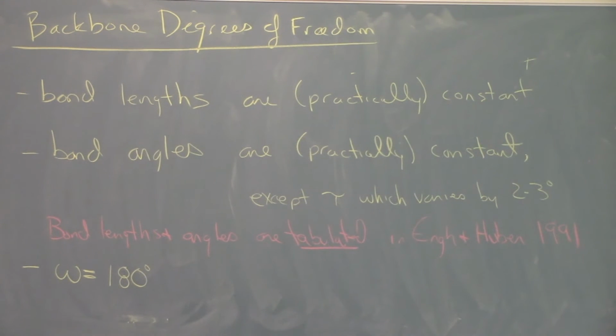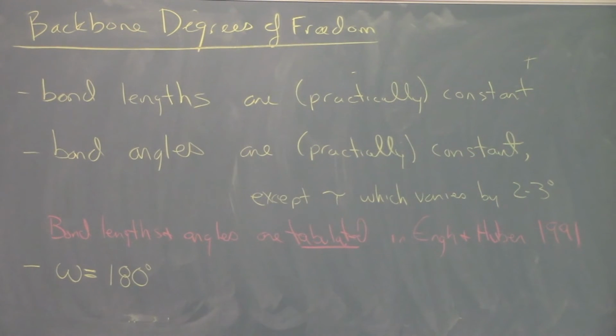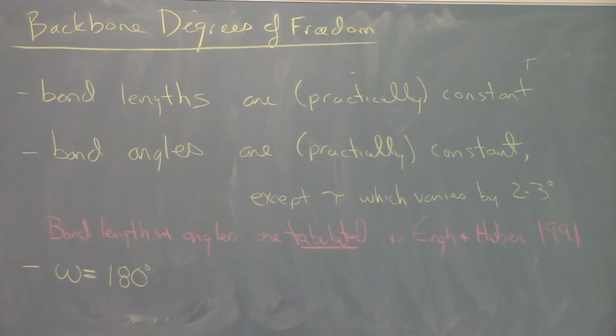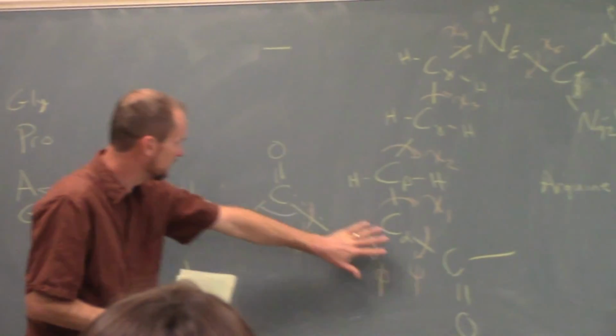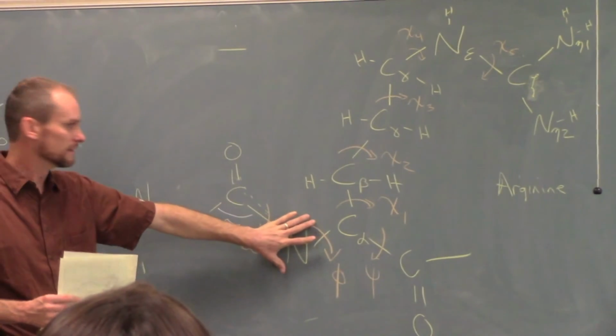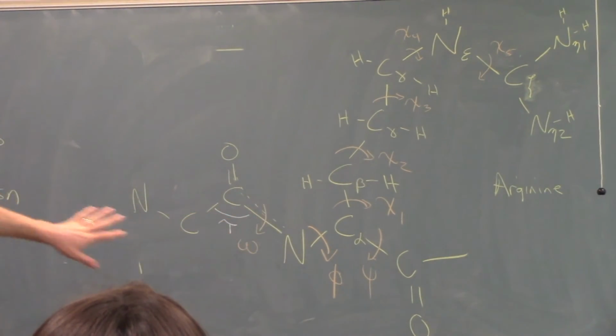I'm sure you've talked about the chemistry of this. This carbonyl group has resonance structures that make this double bond resonate with the nitrogen and the free electron pair there, which essentially puts this in one set of p orbitals and puts this peptide bond all together in a plane. So omega is typically fixed at 180 degrees.